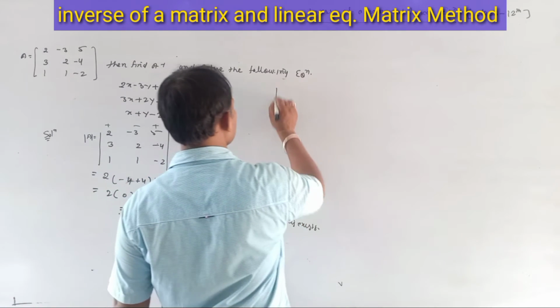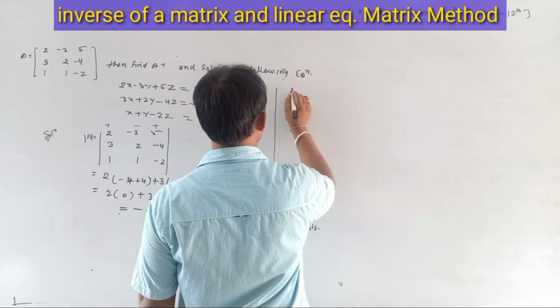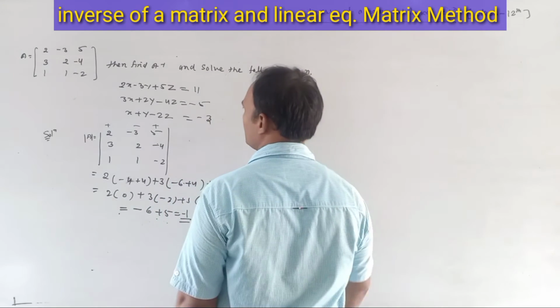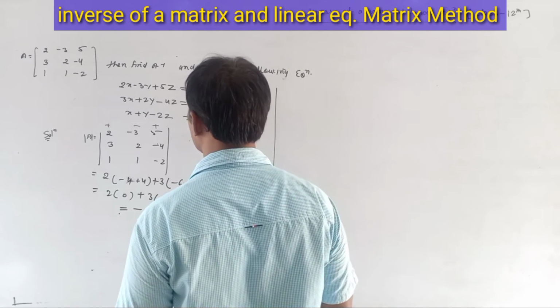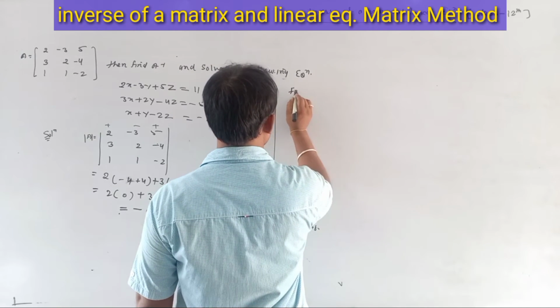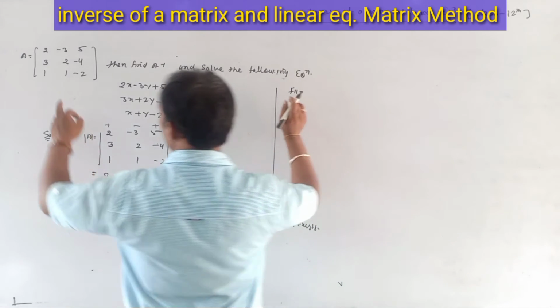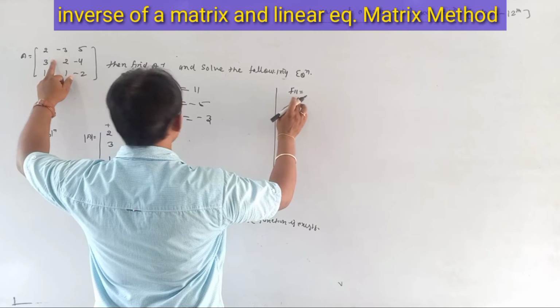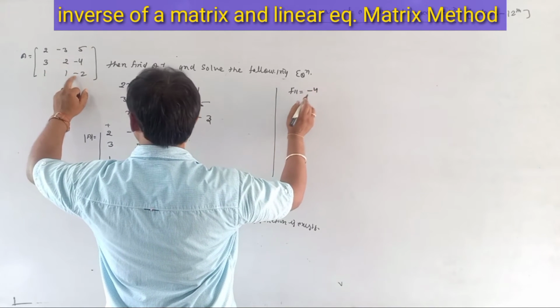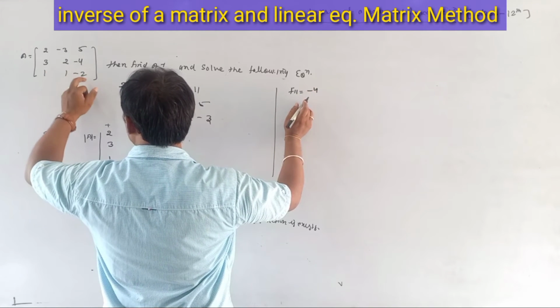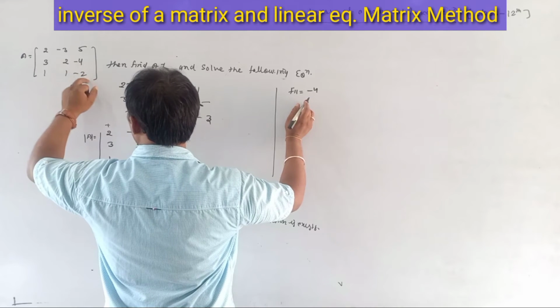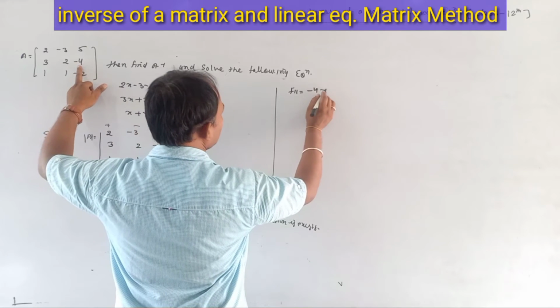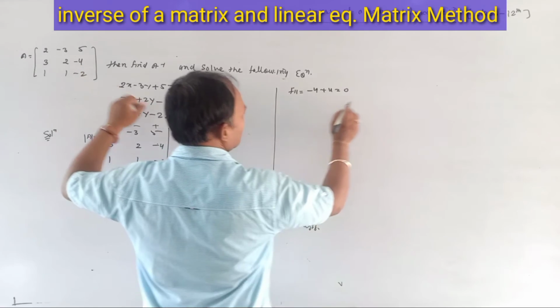So what about the A inverse? For A inverse, we have to find the cofactors, all the cofactors of it. So we are going to find F11, which is minus 4 plus 4, so it is 0.